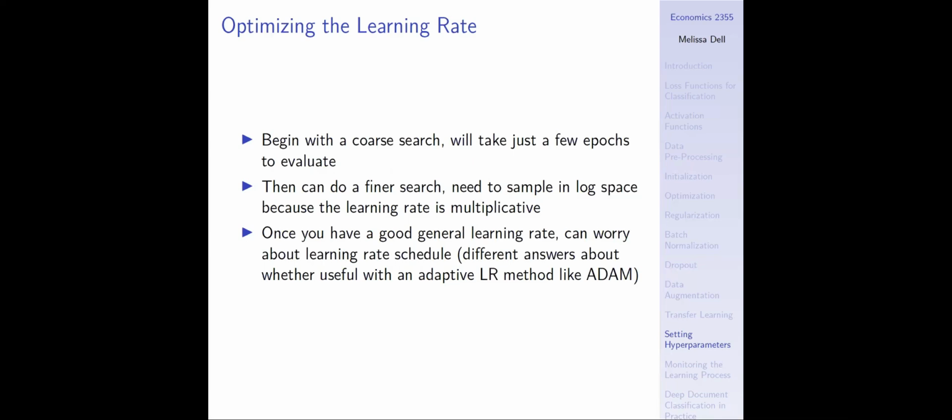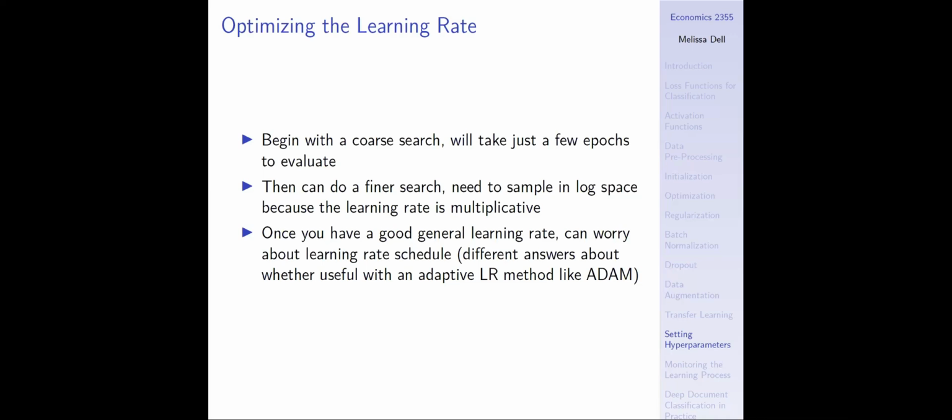With that, you can get rid of the ones that don't make sense, and then you can do a finer search. An important thing about the learning rate is that it is multiplicative. You multiply your gradient step by the learning rate, and because it's multiplicative, that means you need to search in log space. Don't search in non-log space.